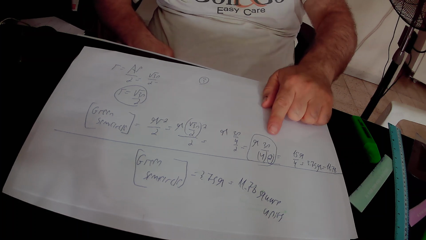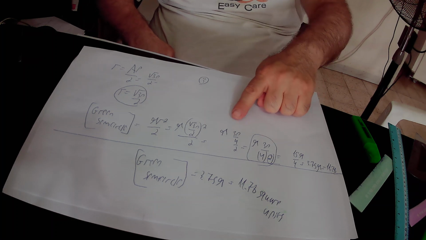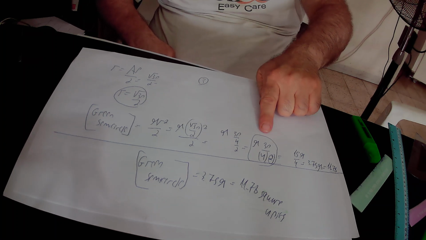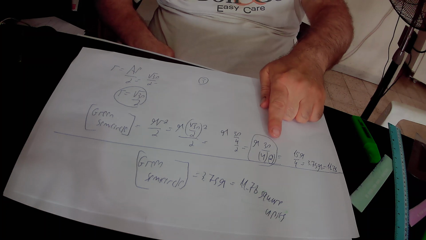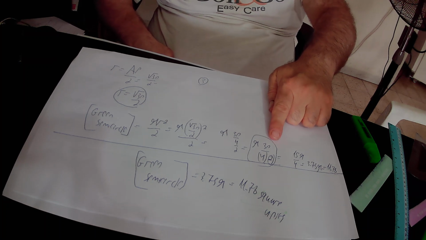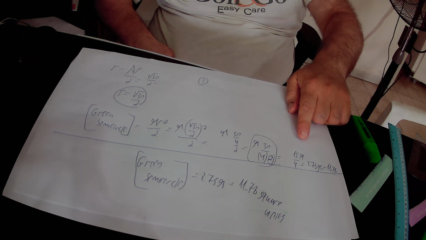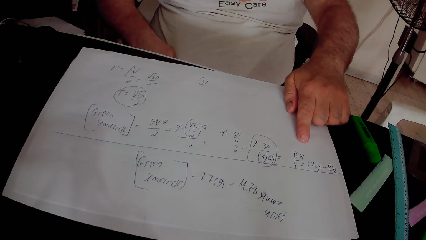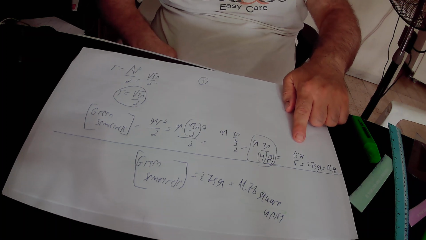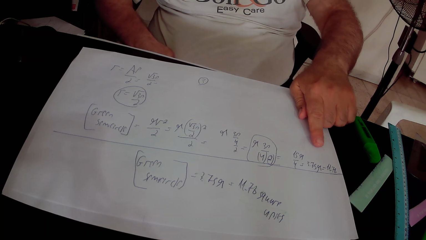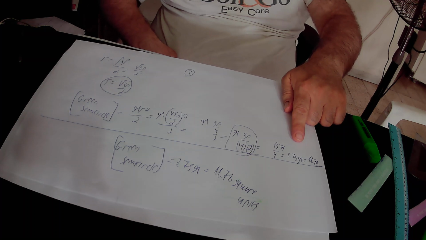That is 30 pi over 4 times 2. 30 over 2 is 15, so the value of this expression is 15 pi over 4. 15 over 4 is 3.75, therefore the value of this expression is 3.75 pi.